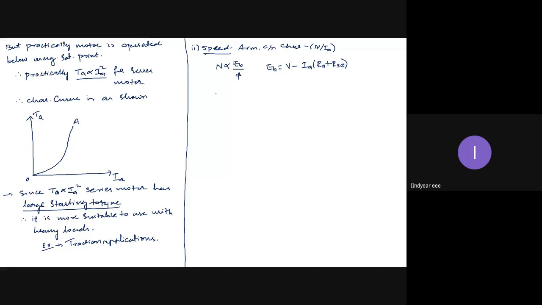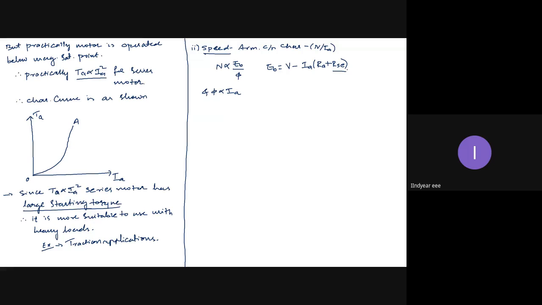And here, this phi is proportional to IA. Again, RA and RAC are very small. Now, why should I keep RAC minimum?